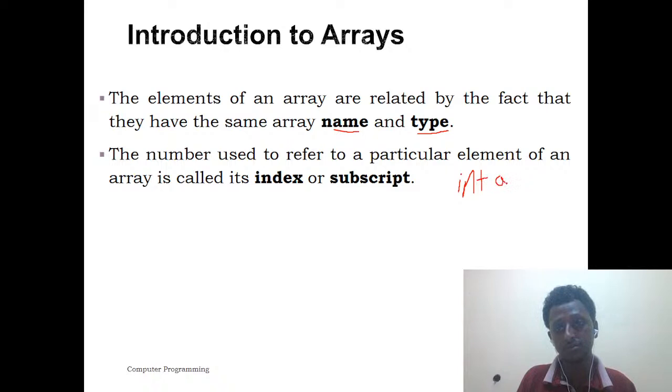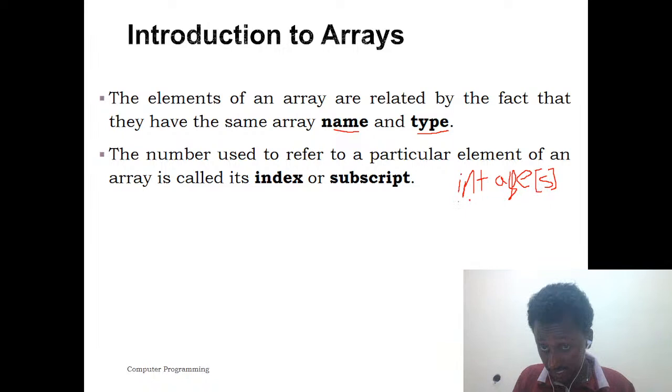age, then put the array symbol here, open and close brackets, and put the size of the array, for example 5. This means the integer data type having the array name age with 5 element values.